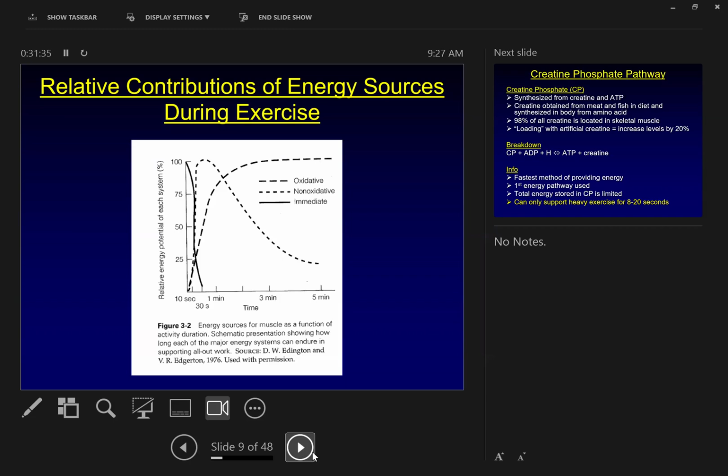But let's assume this was walking. For the first 10 seconds or so when I'm walking, it's mostly immediate. The next couple of minutes, it's mostly glycolysis. And then it takes 2 or 3 or 4 minutes for the aerobic pathways to speed up and get going as fast as they can.